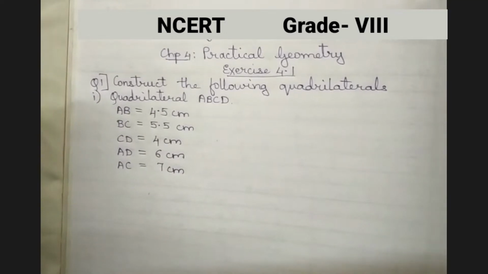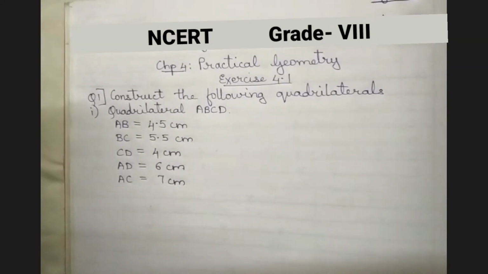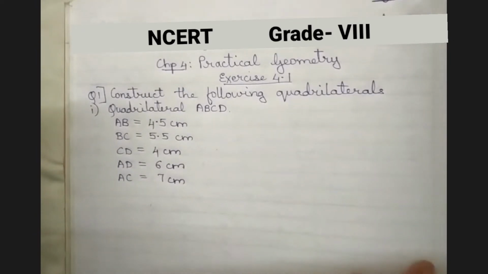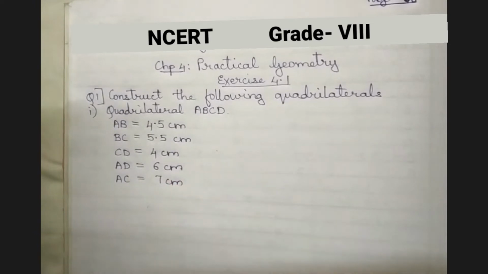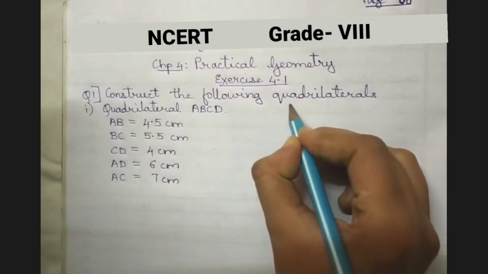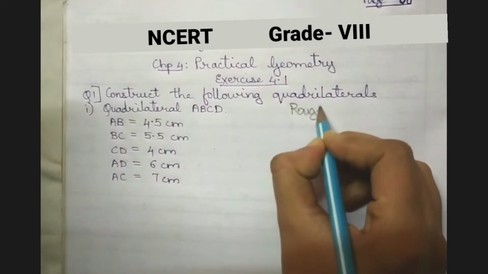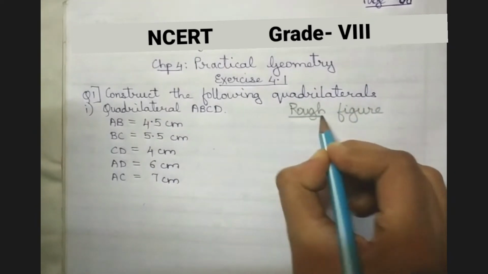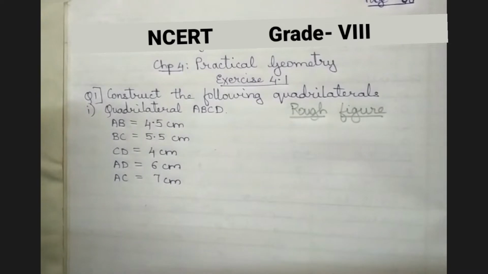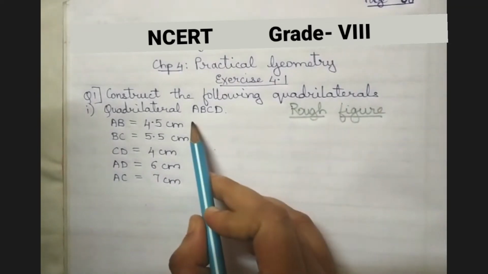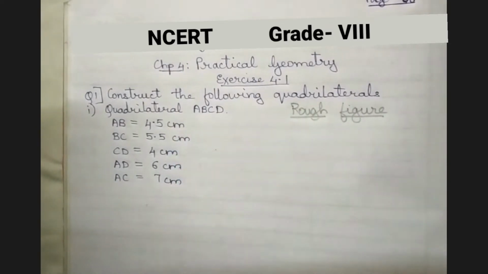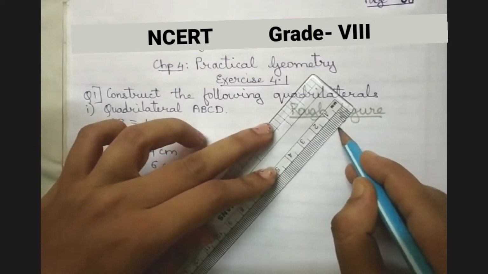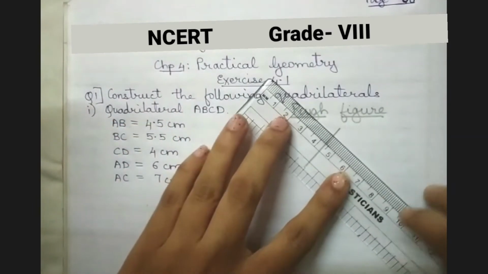Okay students, so the first step to do before doing any construction sum is to draw a rough figure. So we will draw a rough figure first for this quadrilateral ABCD. We know that it is a quadrilateral and a quadrilateral has 4 sides, so I will draw a 4-sided figure.